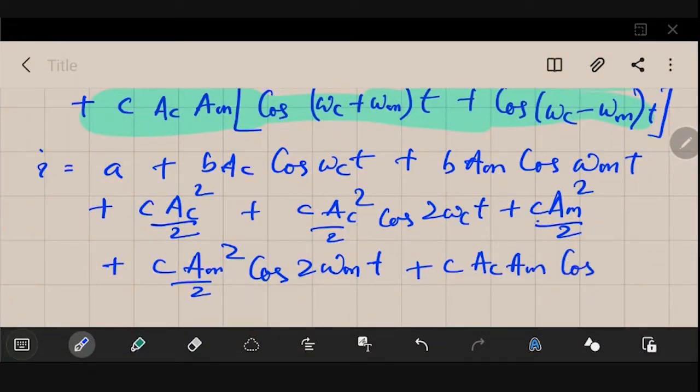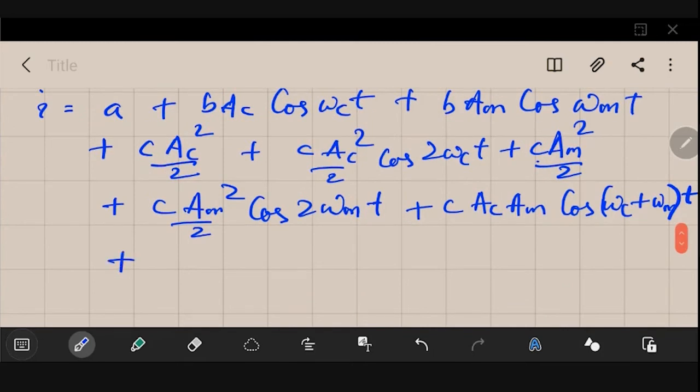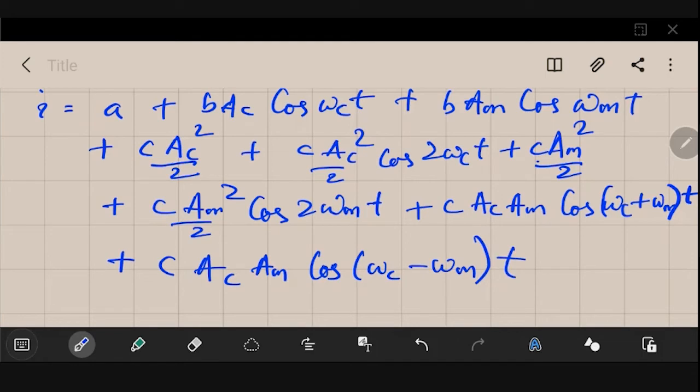The first term is cos omega C plus omega M t, got it, and the second term is again that plus CACAM cos omega C minus omega M t. So these are the terms that I will be getting.